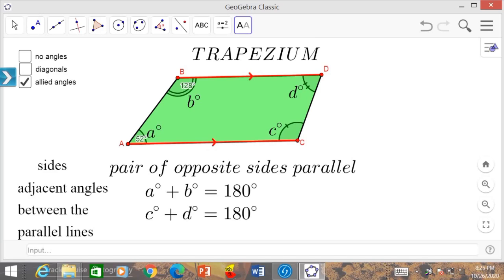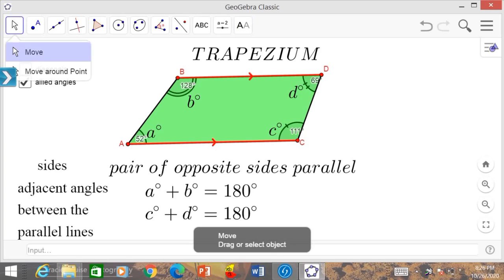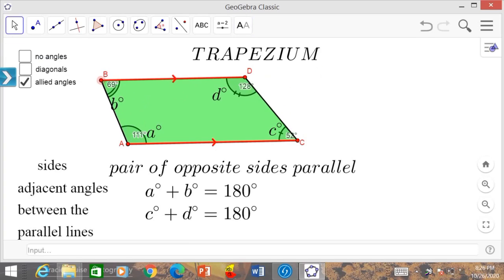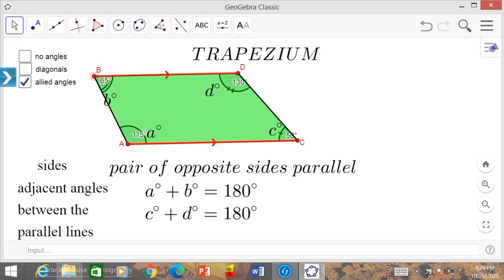Now see their measurement. 52 degree plus 128 degree is 180 degree and 111 degree plus 69 degree is 180 degree. So sum of adjacent angles between the parallel lines is 180 degree. You can change the trapezium.